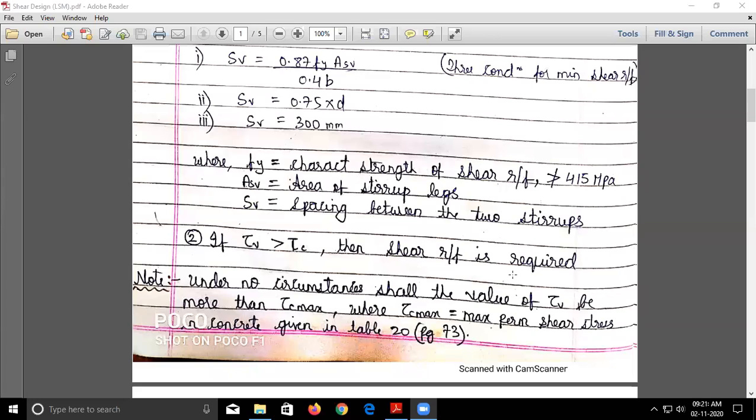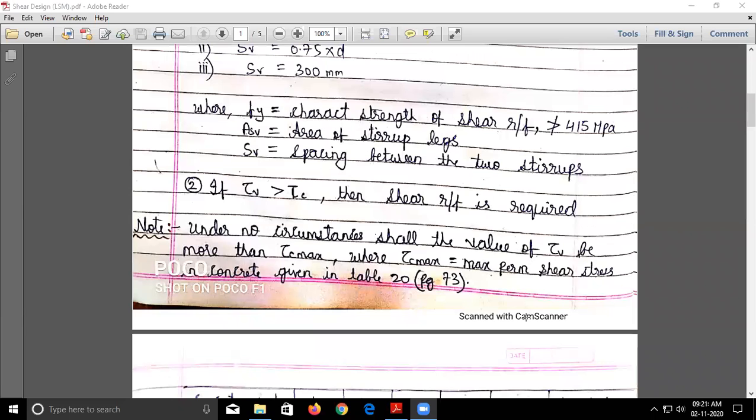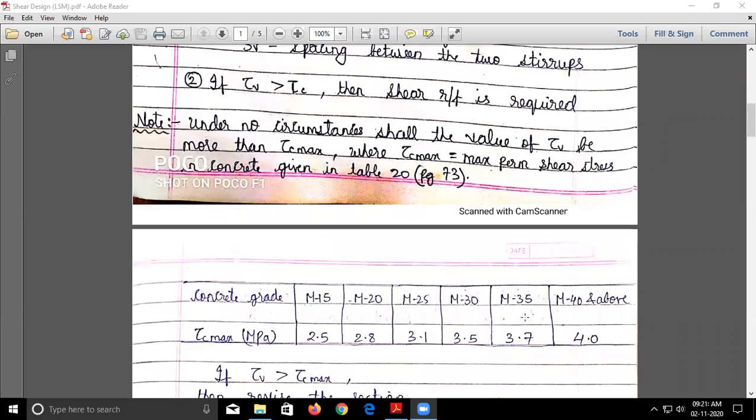I hope you remembered this. The value of tau v should never exceed tau c max. I think I had given you the table of tau c max also. This is the table for tau c max. So this is M15, it is 2.5, M20 2.8, and so on till M40.